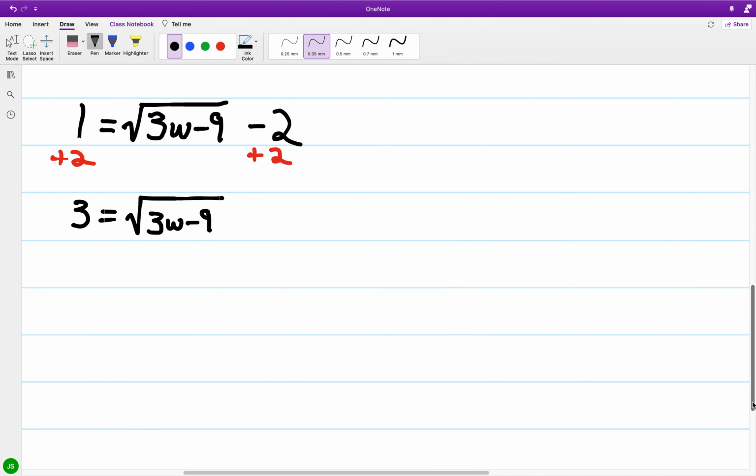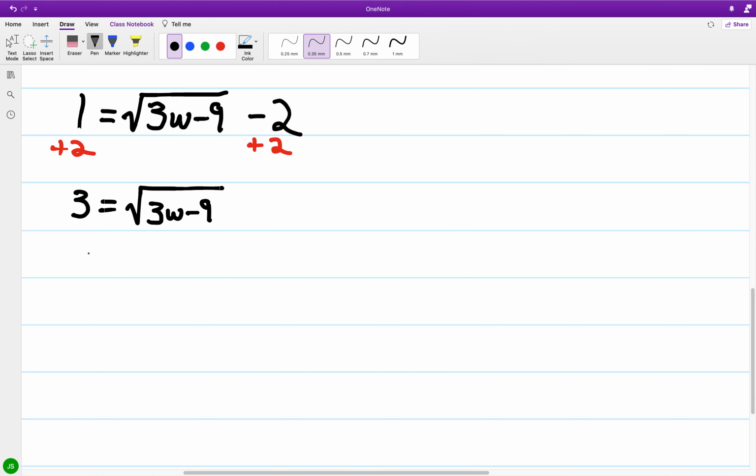Again, we have only one radical term, and that is a square root. So I can free up the binomial by squaring both sides of the equation. Squaring, 3 squared is 9, and we have that 9 is equal to 3w minus 9.